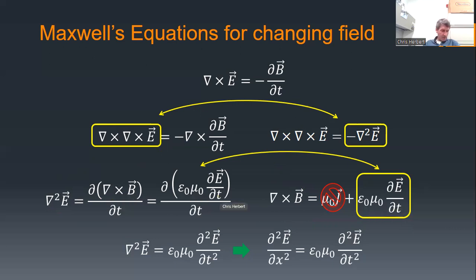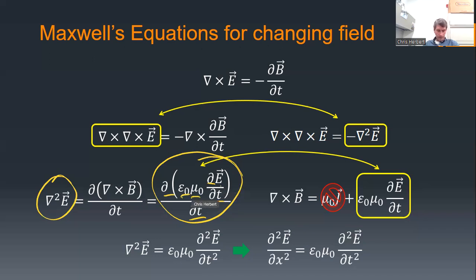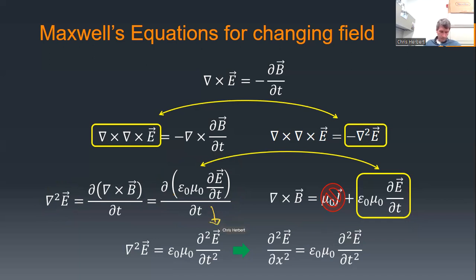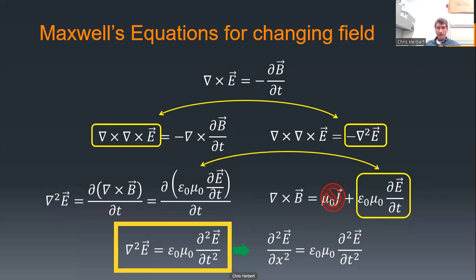So my equation becomes this is equal to this. I'm taking the derivative with respect to time twice of E. Epsilon 0 and mu 0 are both constants, so they can go outside this. This now becomes this form, and this right here is a differential equation. It is the wave equation that describes the electric field in 3 dimensions.